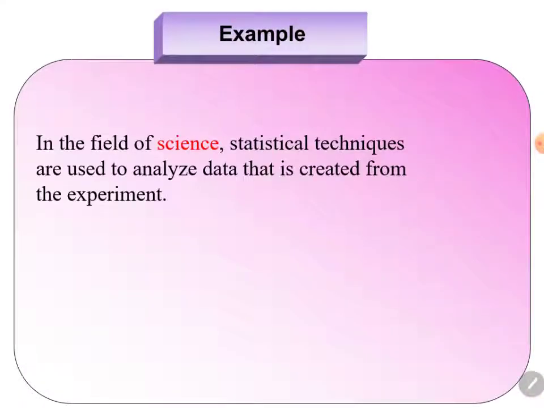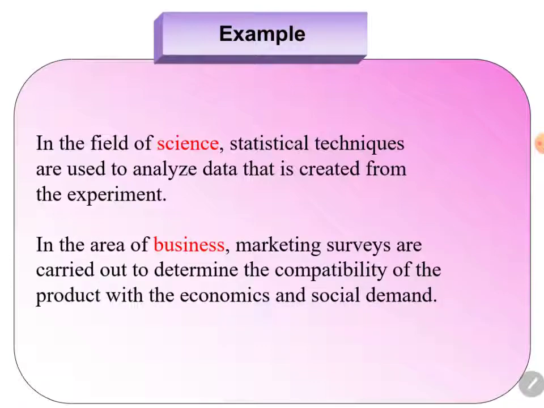Okay, for example, in the field of science, statistical techniques are used to analyze data that is created from the experiment. In the area of business, marketing surveys are carried out to determine the compatibility of the product with the economic and social demands.